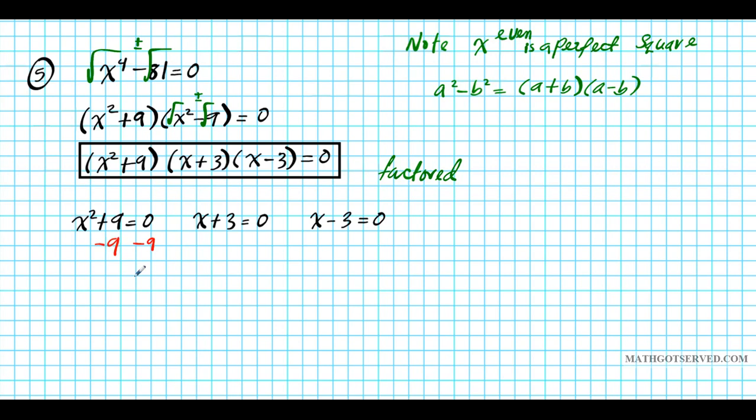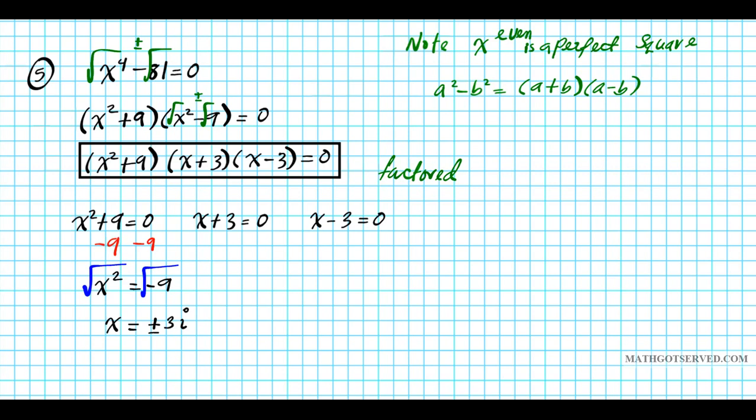That yields x squared equals negative 9. And then take the square root of both sides. And we have x equals plus or minus. Remember, the negative underneath the square root comes out as an i, so it equals 3i. Square root of 9 is 3, and then the square root of negative 1 is i.